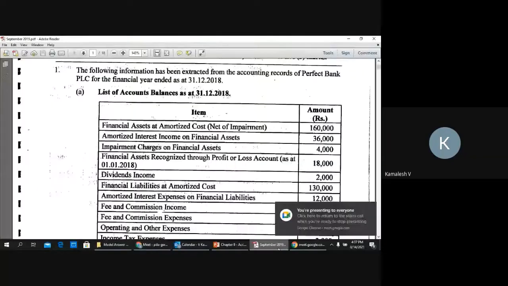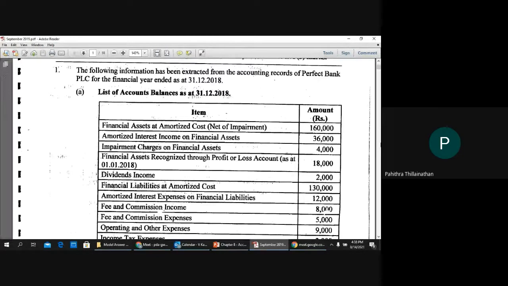I just want to show you all how the exam question might be. I'm just trying to show you a draft, not to frighten you, but to give you some confidence. Can you all see this paper? Yes, sir. This is the September 2019 paper.